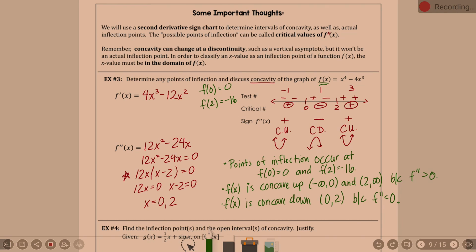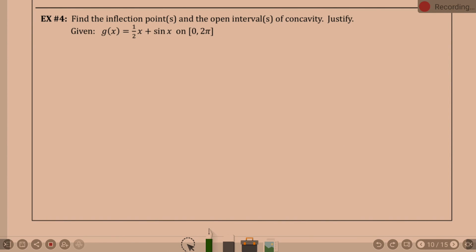Okay. Example 4. Find the inflection points and the open intervals of concavity and justify. I would say skip this one because it's similar to last time, but you guys always need trig practice, so trig, here we go. 1/2 x plus sine x is the function.